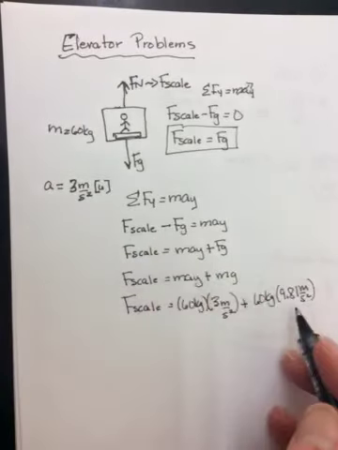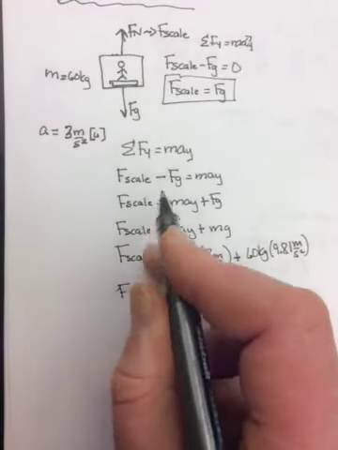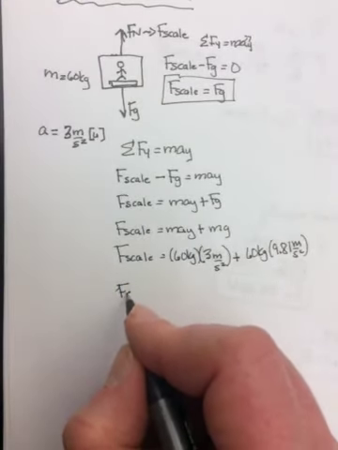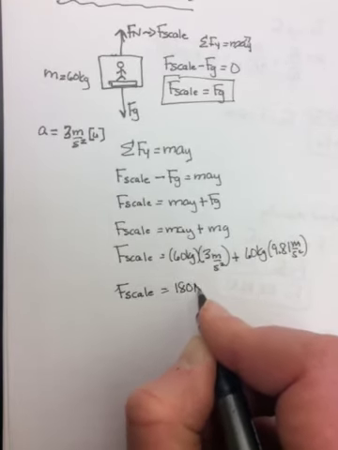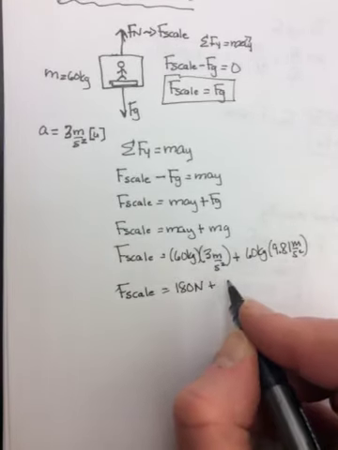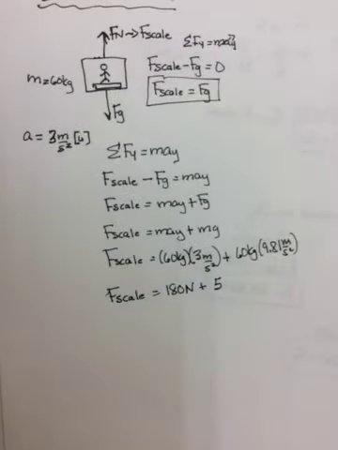I already called my Fg negative, so I put my 9.81 in as positive. So this first term gives me 180 newtons, and this second term gives me 588.6 maybe.